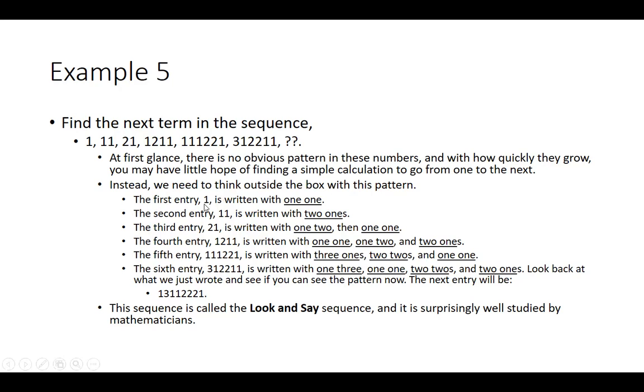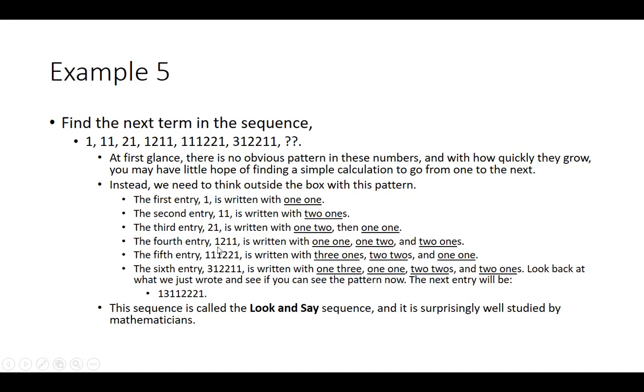So again, how many things do we have here? We have 1, 1. Now how many things do we have? We have 2 ones. Now what do we have? We have 1, 2, and 1, 1. 1, 2, 1, 1. That's the next number.